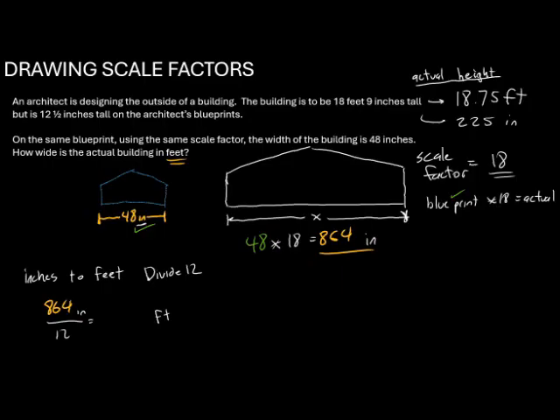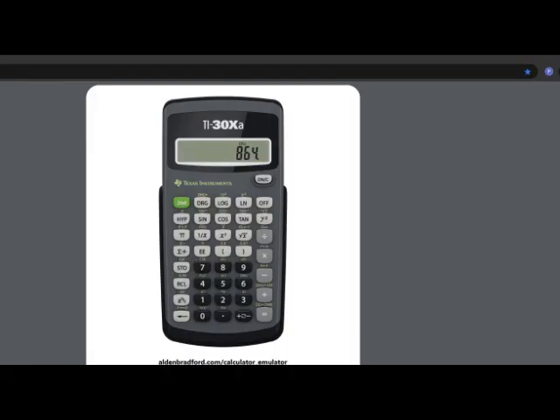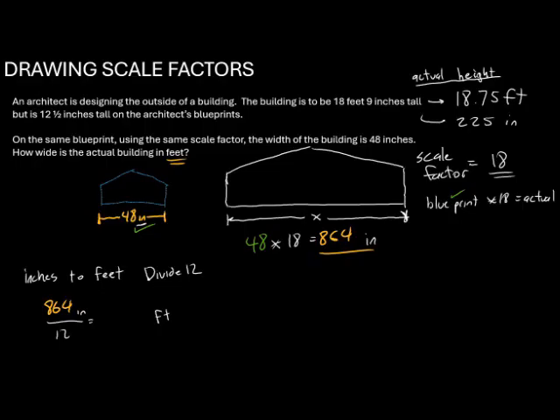Let's go back to our calculator and do the division. We have 864 already stored in our calculator, and so we'll say divide, and then 12, and press enter. We end up with 72 feet. We'll write that as our final answer. The 48 inches on the blueprint gave us 72 feet in real life.